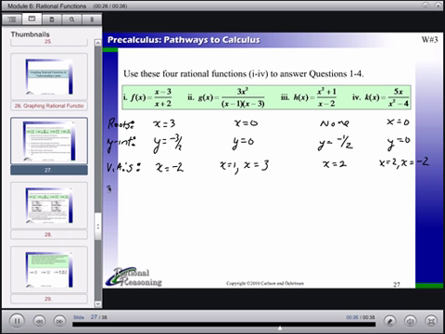So then you just plug in 0. So then it would be negative 3 over 2. It's a fraction. It's a ratio.